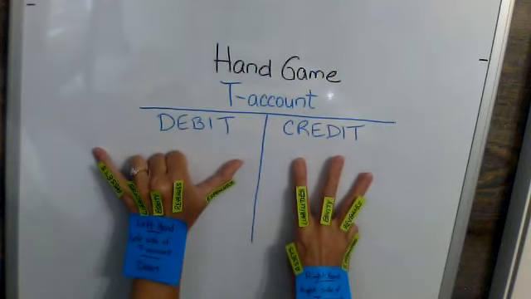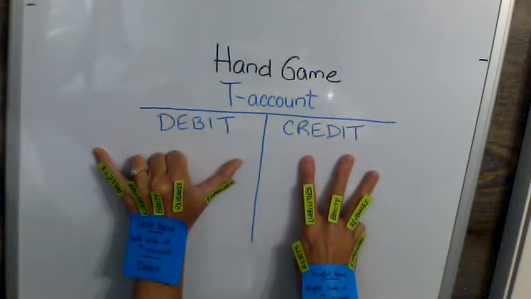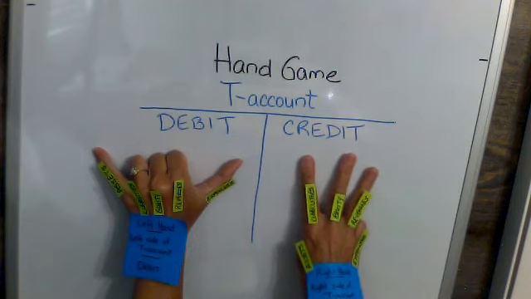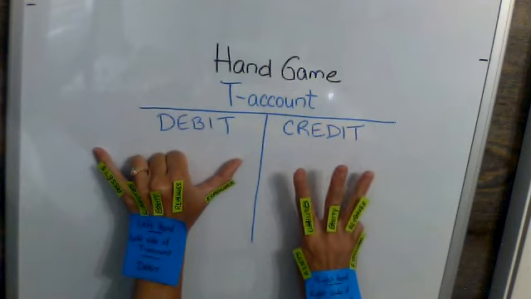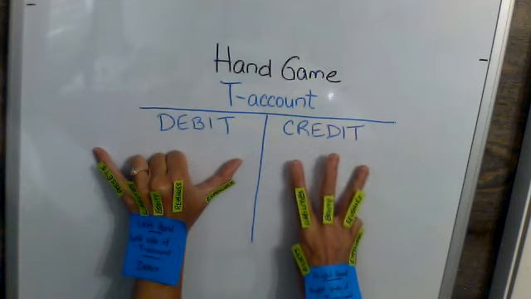We do the same thing on our right hand, except this time our right hand represents credits. So the effect that a credit has on an asset, because my thumb is pointing down, a credit decreases assets. Liabilities, equity, and revenues, these three fingers are pointing up.